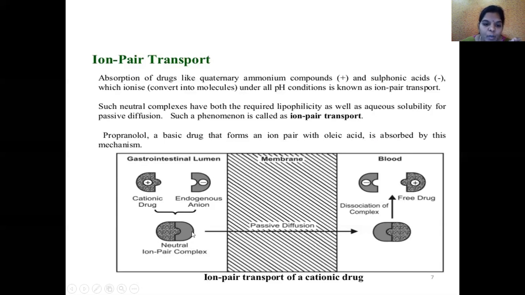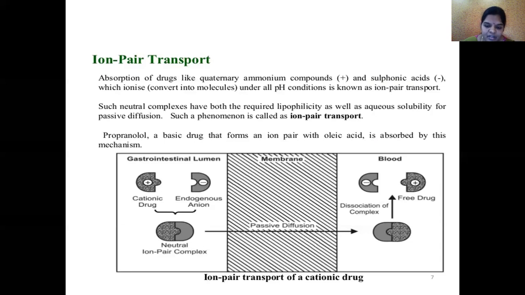This complex will pass through passive diffusion across the GI membrane and enter the blood or systemic circulation. Then the complex will get dissociated into positive and negative, and free drug, which is unbound drug. This is about your ion pair transport.